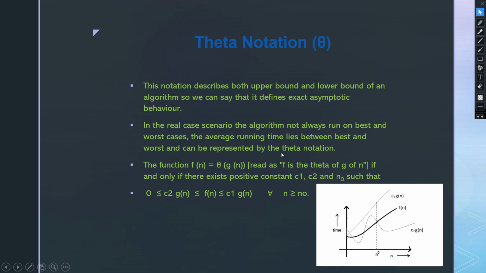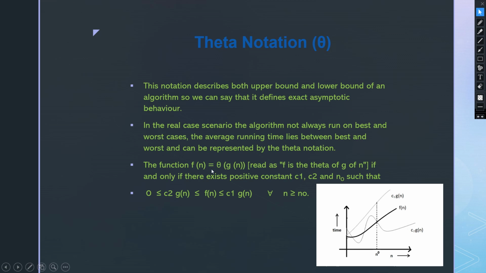Theta notation describes both the upper and lower bound of an algorithm. For this, we can say that it defines the exact asymptotic behavior. In a real case scenario, the algorithm must run in the best and worst case. The average running time lies between the best and worst case and is represented by theta notation.